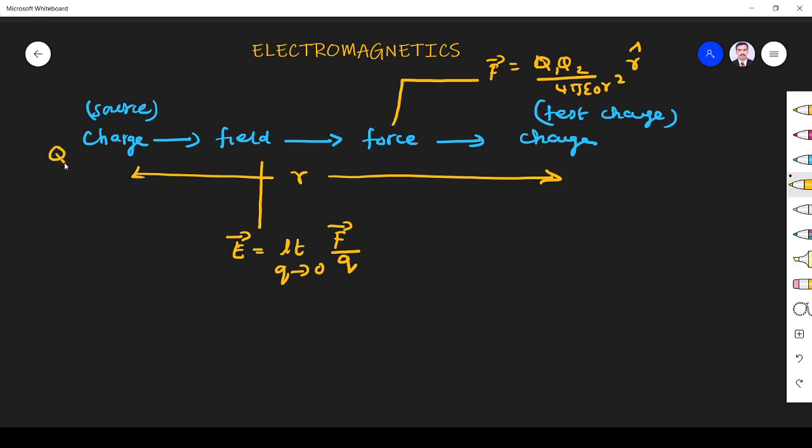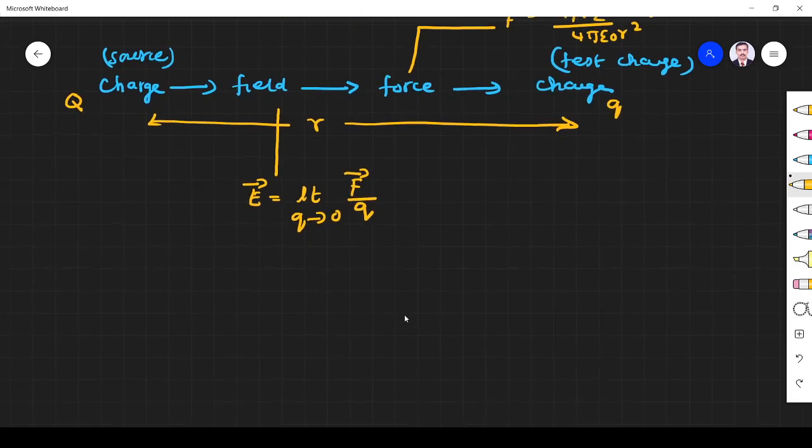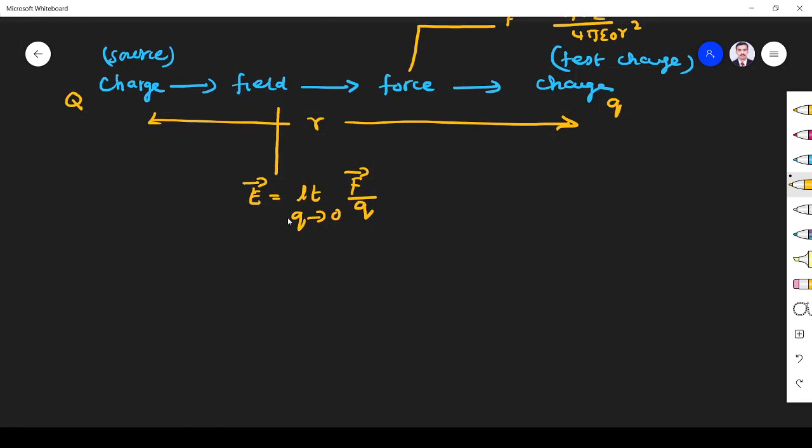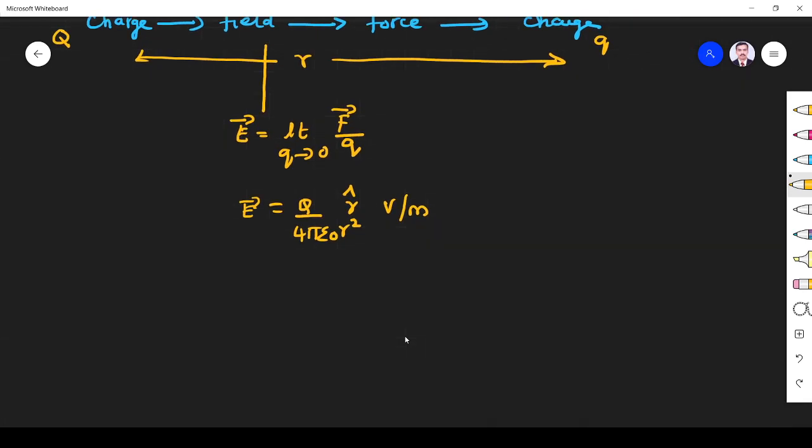If we assume this is capital Q and this is small q, in mathematical expression we can write E is equal to Q by 4 pi epsilon naught R squared R cap. The unit is volt per meter. This is the electric field. It is a force felt by the charge.